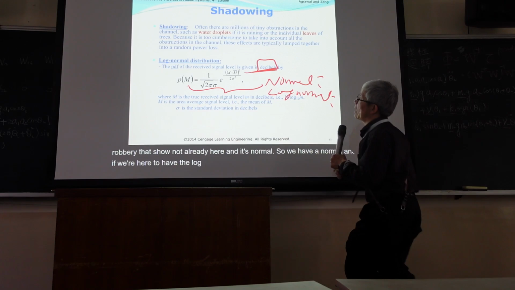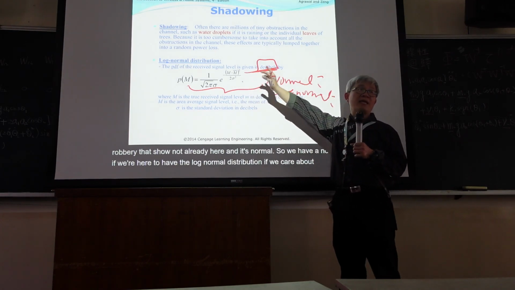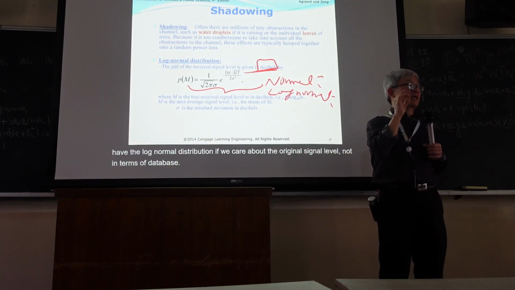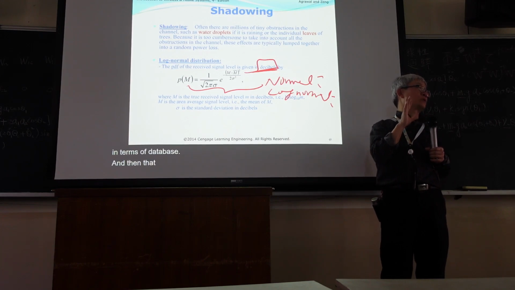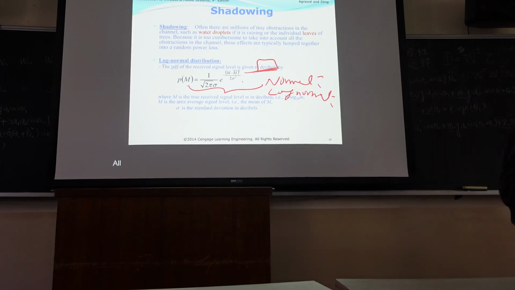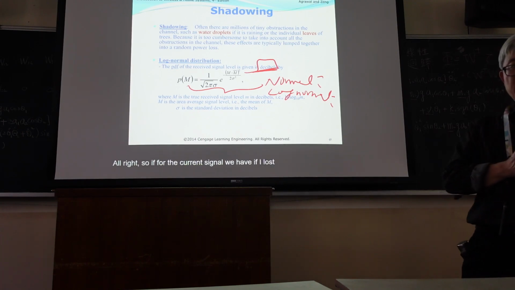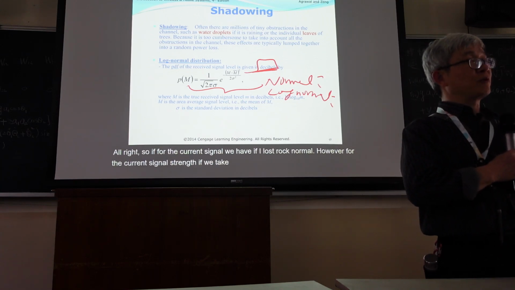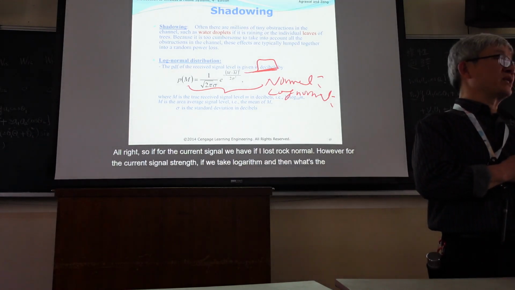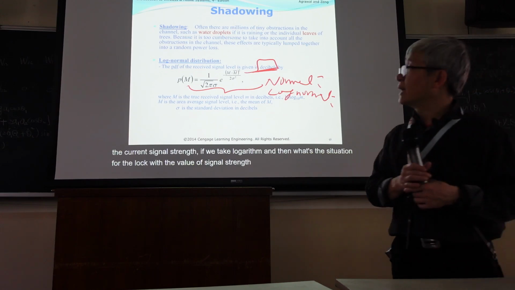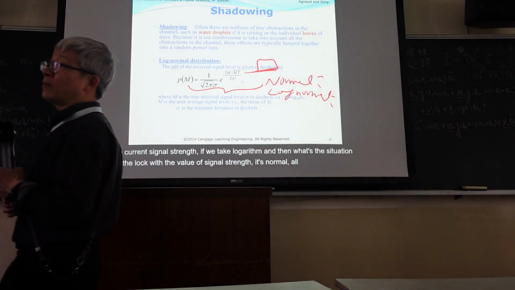If we care about the original signal level, not in terms of decibels, then that signal strength follows the log normal distribution. However, if we take the logarithm of the signal strength, the distribution of the logarithm value is normal.